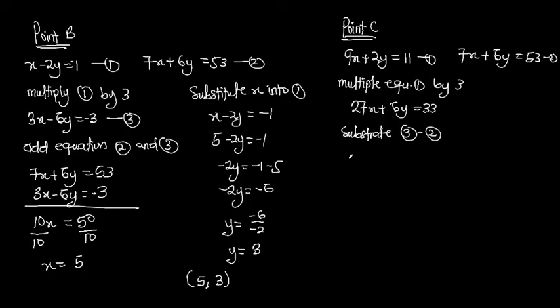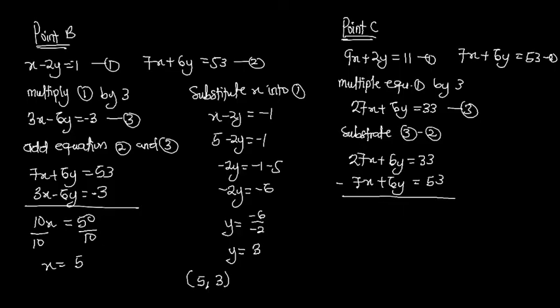So I'm going to have 27x, this is my equation 3. So 27x plus 6y is equal to 33 minus 7x plus 6y is equal to 53. So 27x minus 7x will give me 20x.